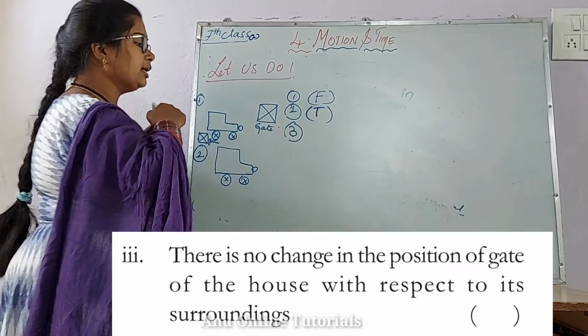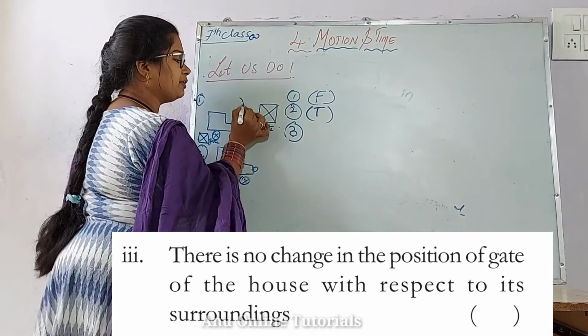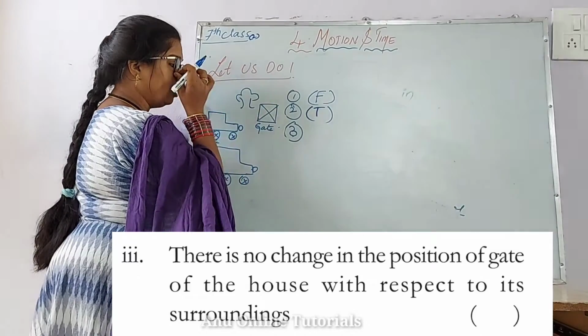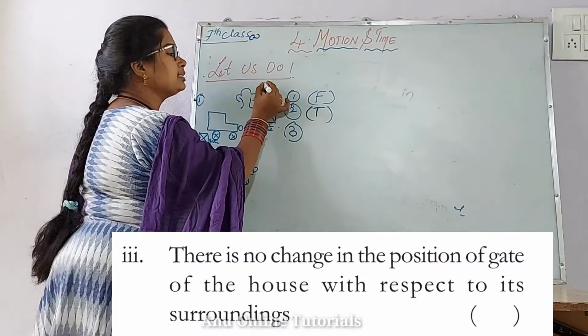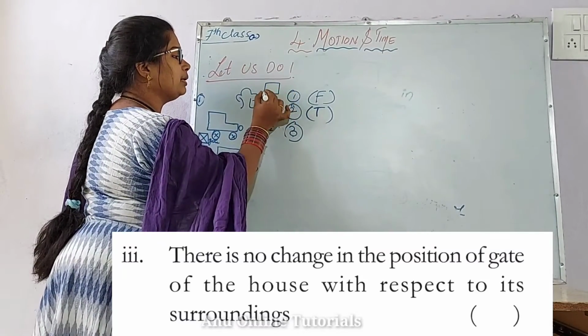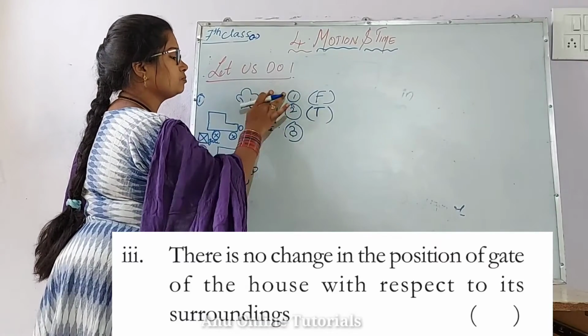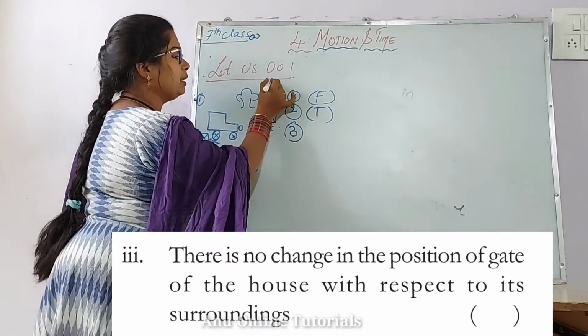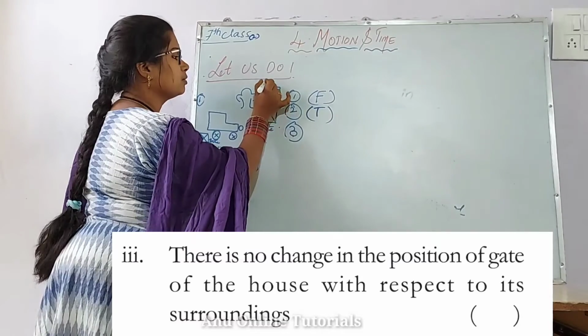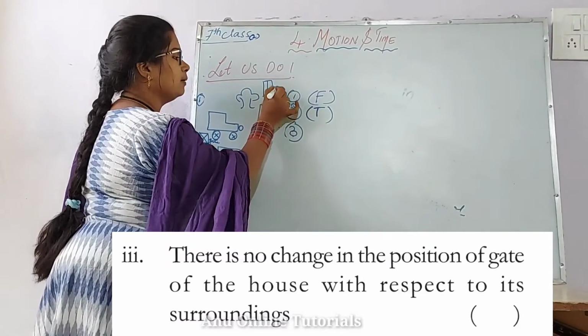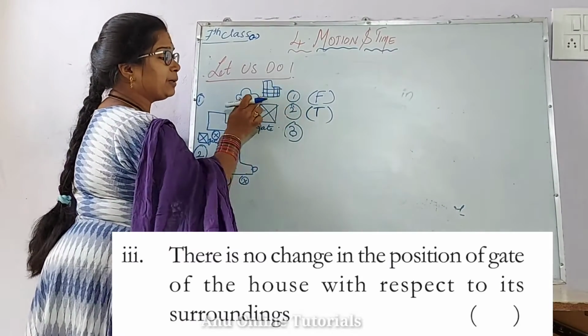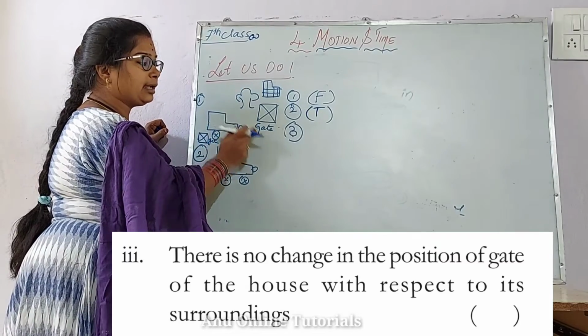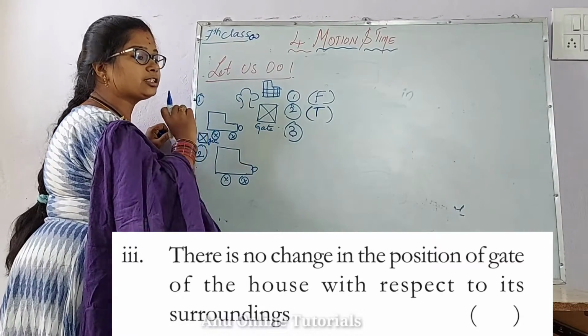But suppose near the gate a tree or a building is there. With respect to this building and tree, the gate position has not changed.